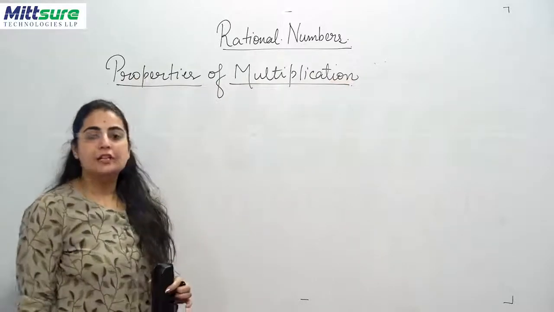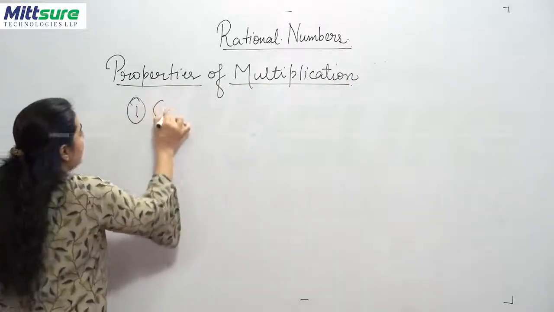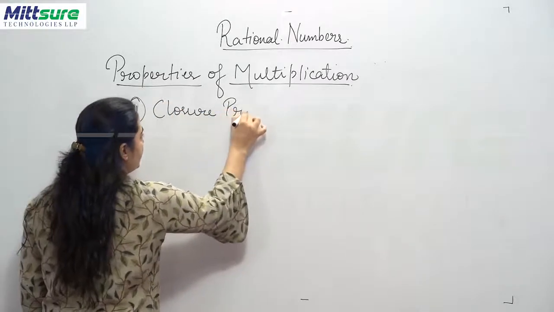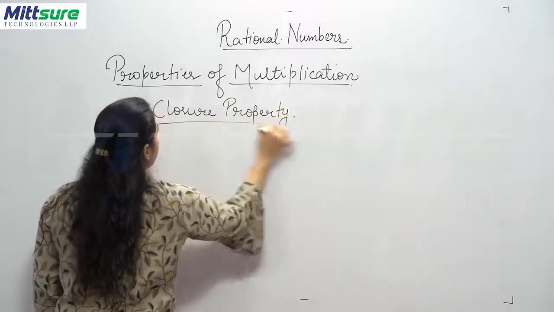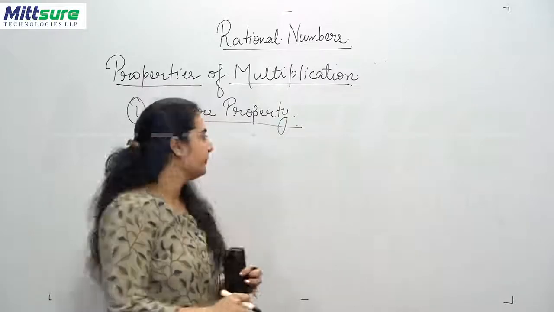The first property is the closure property. This word you have already heard when we did the properties of addition. Similarly, we have the closure property in multiplication of rational numbers also.